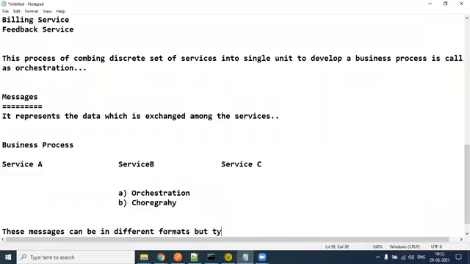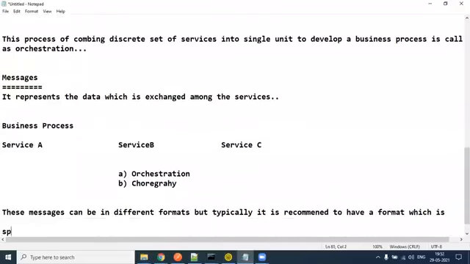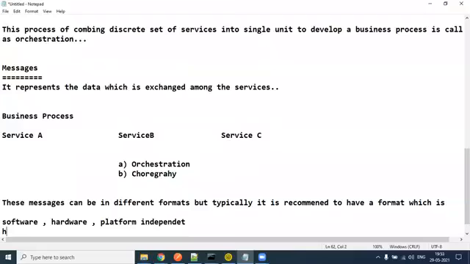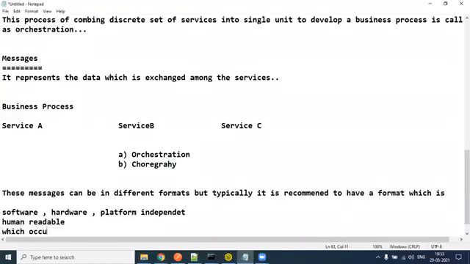but typically it is recommended to have a format which is software and hardware platform independent, which is human readable, and which occupies less bandwidth.